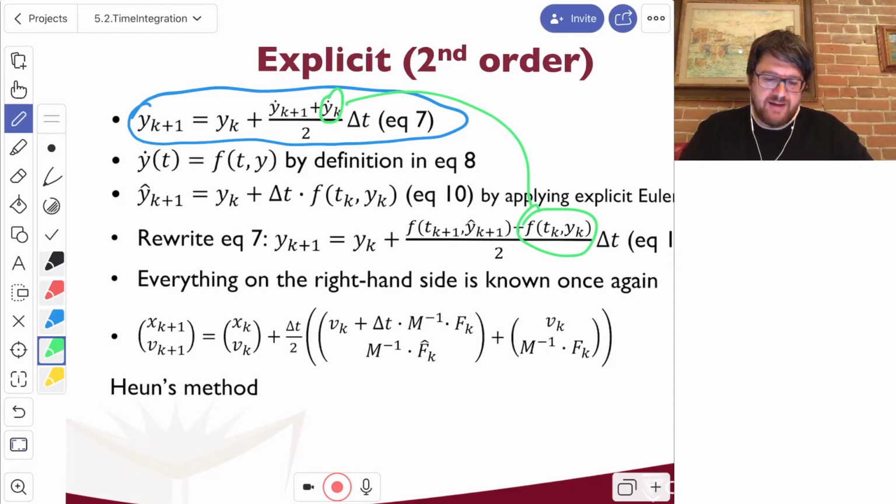So we can compute y_{k+1} using explicit Euler here.